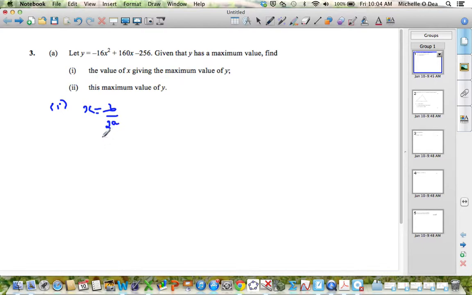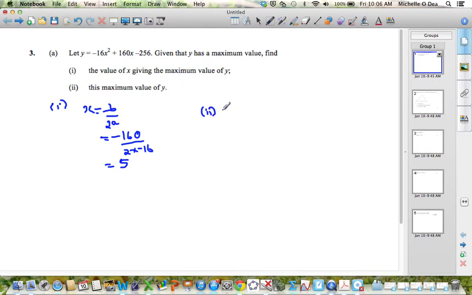And then just substituting in, b is 160, so we have minus 160 all over 2 times minus 16. When you put that into your calculator, you get 5. So a maximum occurs when x is 5.